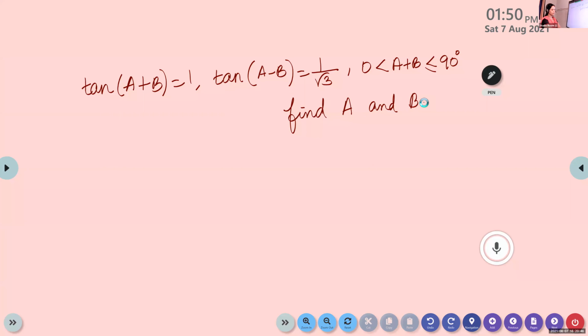Find A and B. How to do this? Ma'am, B is equal to 15 degrees. B is 15, yes, correct.